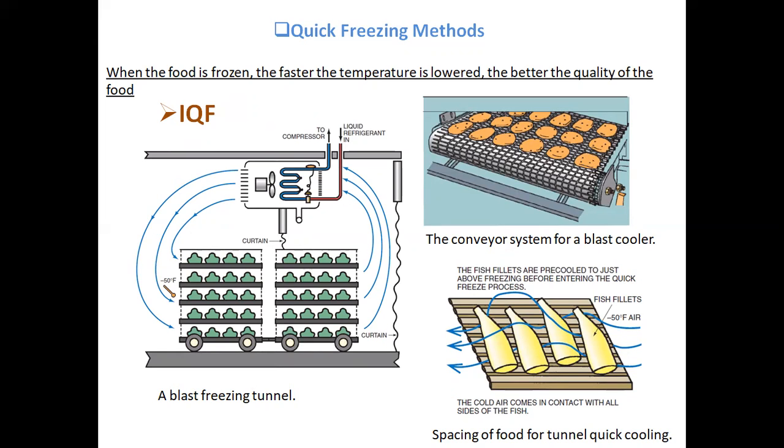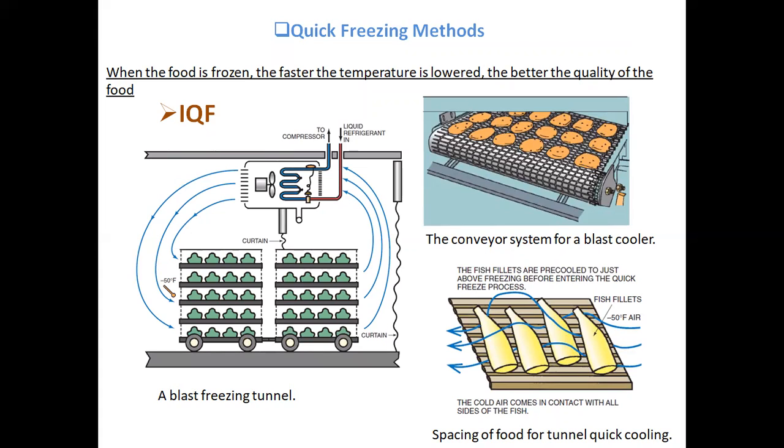This is a very, very important thing when you are going to freeze the food. Try to freeze it as fast as possible, okay. If it takes more time to freeze, then it may spoil the product, or it will not yield the desired result, okay.